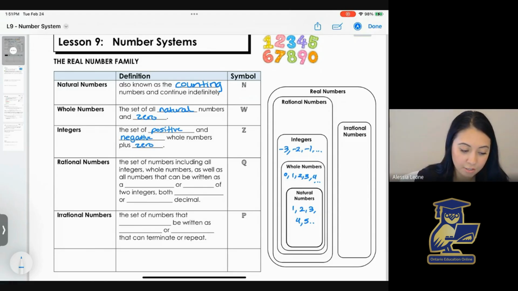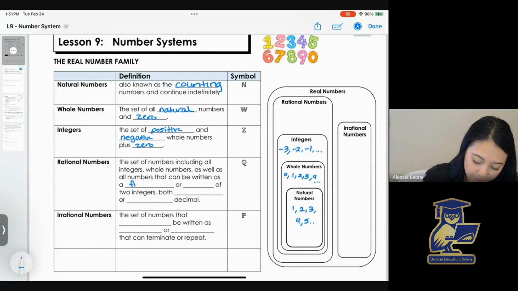A rational number. This is the set of numbers including all integers, whole numbers, as well as all numbers that can be written as a fraction or ratio of two integers.